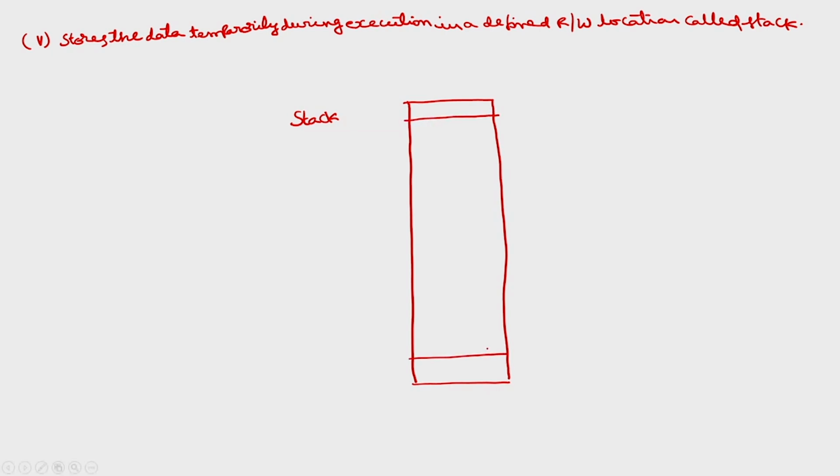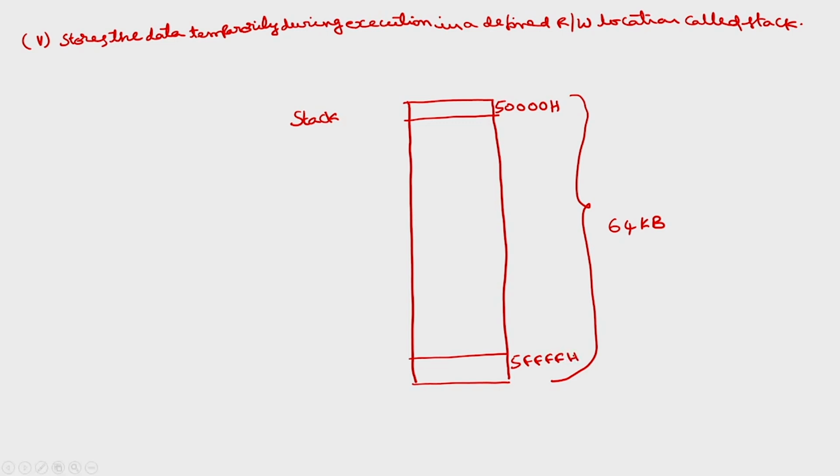Let us assume that this is a 64 kilobyte stack segment. If the starting address is 50000H, the ending address will be 5FFFFH.